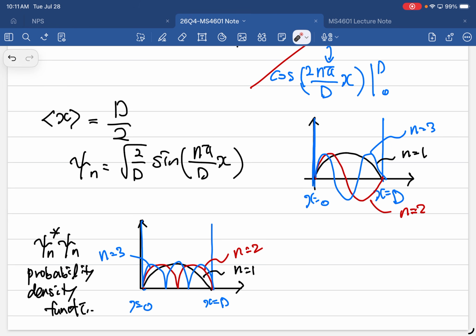But I just want you to be aware of the situation here. We are looking at a particle sitting in a bucket with infinitely high walls. And when we are considering a small object like an electron, that particle is going to have wave characteristics. That wave characteristic can be understood by solving the Schrödinger equation.